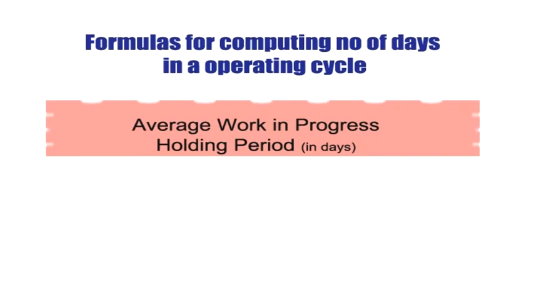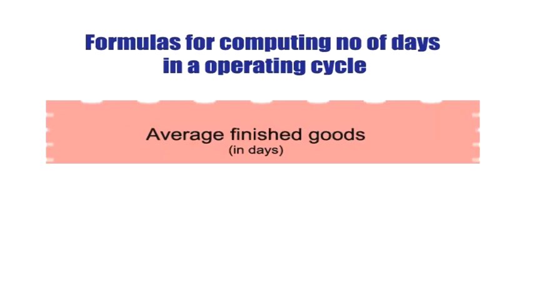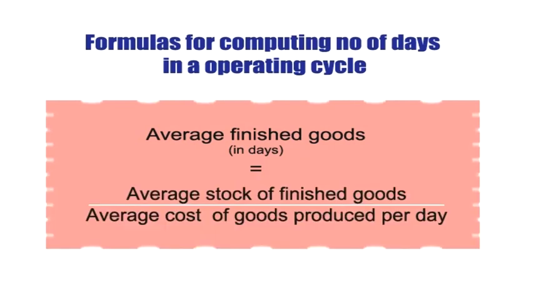The second formula is average work in progress, also computed in days: average stock of WIP divided by average cost of work in progress per day. The third formula is average finished goods: average stock of finished goods divided by cost of goods produced per day. With this, the three levels of inventories are computed.